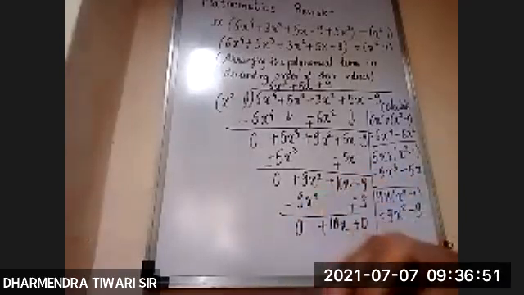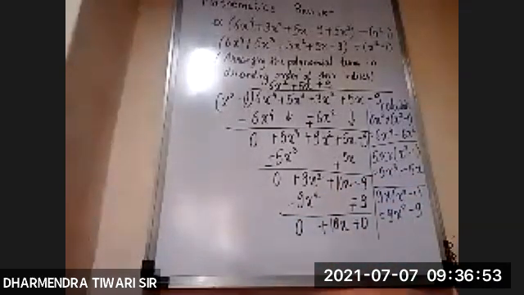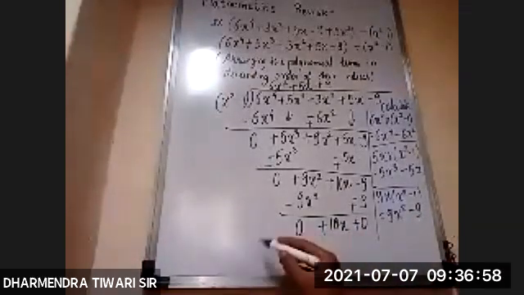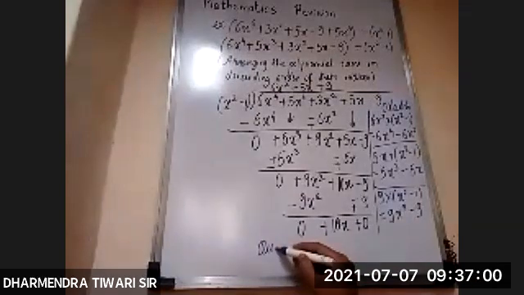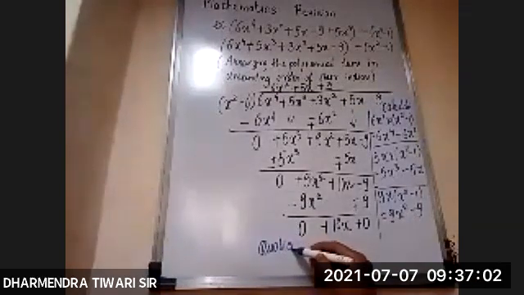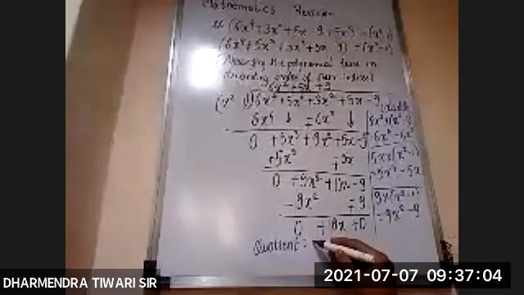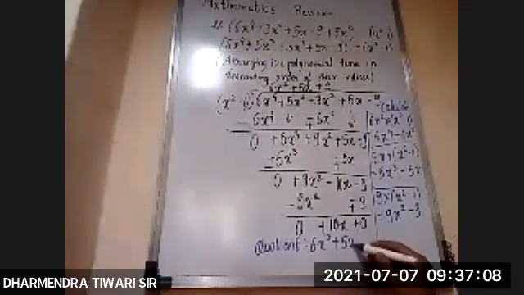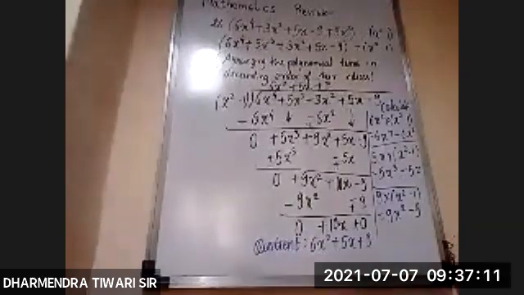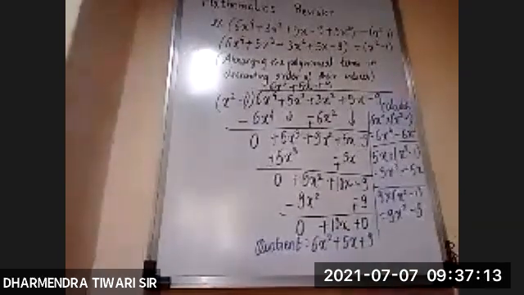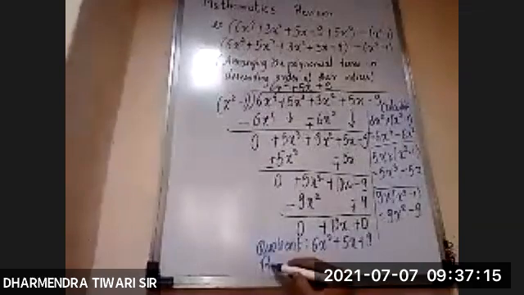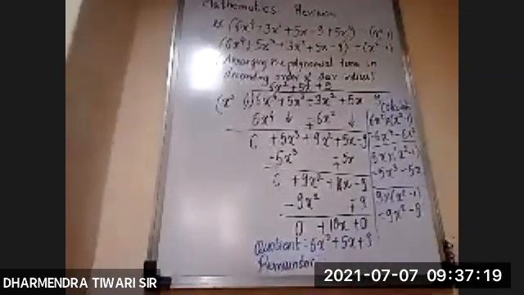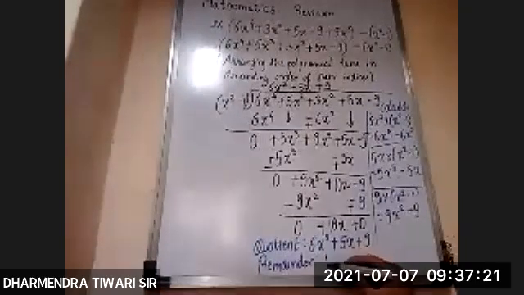We'll write here: quotient is 6x square plus 5x plus 9 and remainder is 10x.